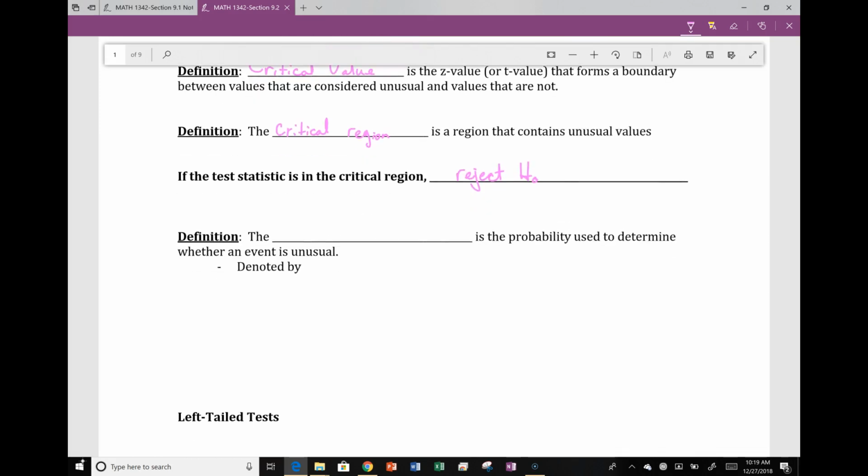So think about whenever we're here, and let's say that we're looking at a left-tailed test. This area right here is our critical region. The value that goes right here is our critical value.